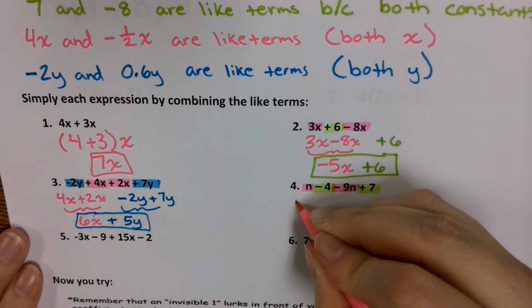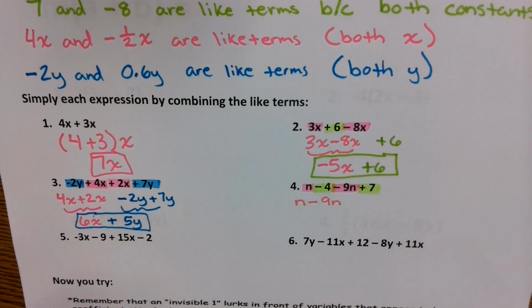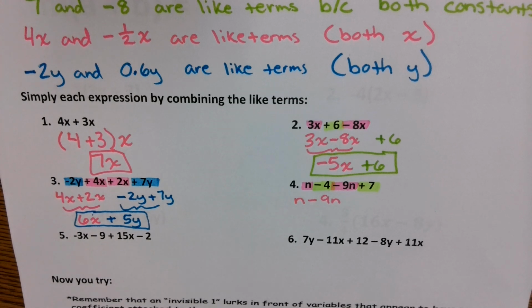We're going to have n minus 9n. Now notice this n doesn't have anything written in front of it. So does it have a coefficient? Think again. I want all of you to turn around and look at the back board where it says invisible math. Every variable has a coefficient.